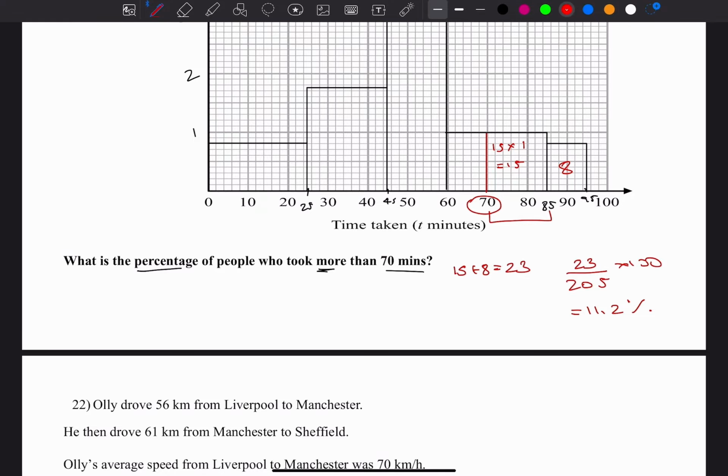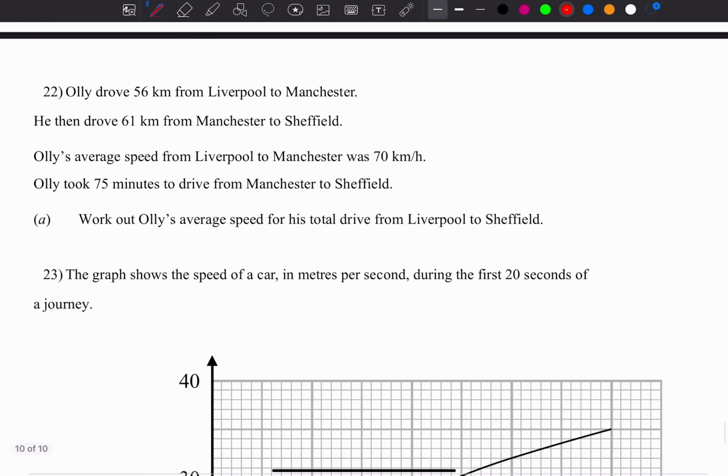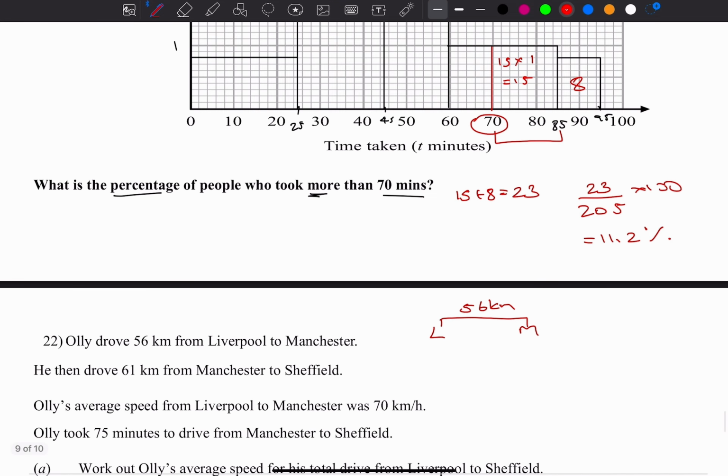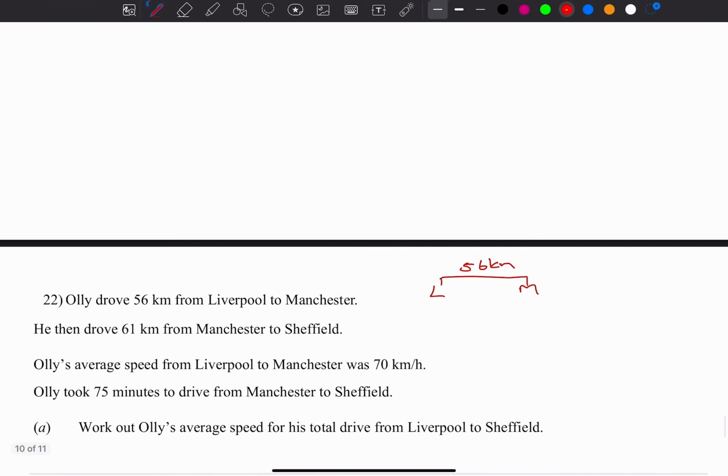Okay, next one. Ollie drives from Liverpool to Manchester, L to M. She drove 56 kilometers. Actually, I'll write here because there's not enough space.